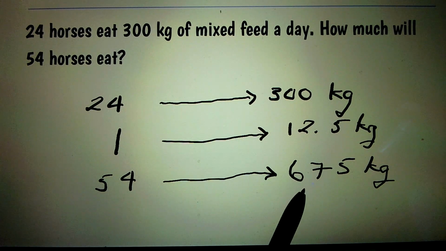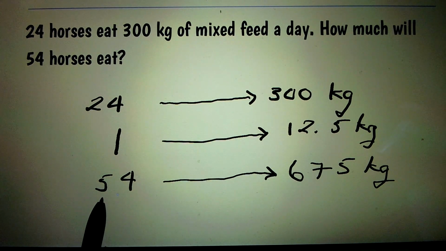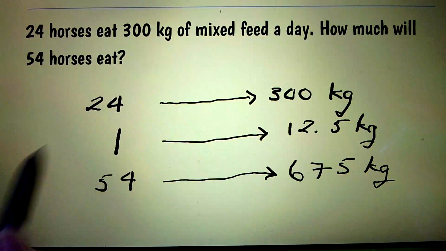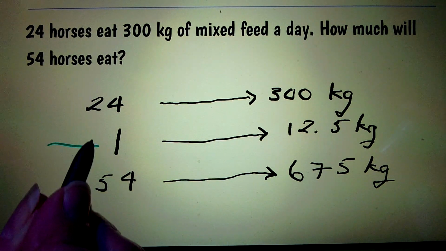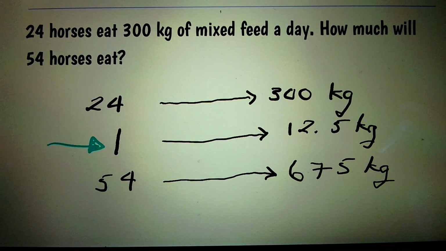And when I work that out, 12.5 multiplied by my 54 gives 675 kilos. Do you notice the intermediate stage? I work out the amount for one horse. Okay, let's have a look at another example then.